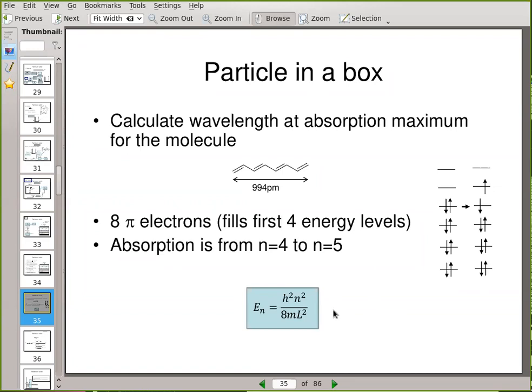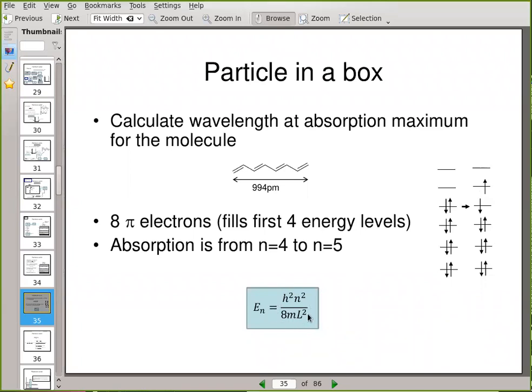And yes, we do, because in a box we know h, that's Planck's constant. We know the mass of the electron, we know the length of the molecule, and we know the energy level. We know energy level 4. We can calculate the energy for energy level 4, and we can calculate the energy for energy level number 5.